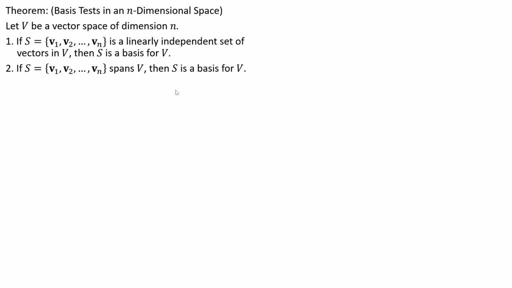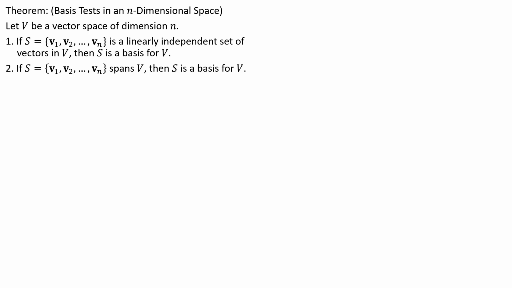However, this theorem tells us that if the vector space V is known to have dimension n and the set S has n vectors, then it suffices to show only one of the two conditions.